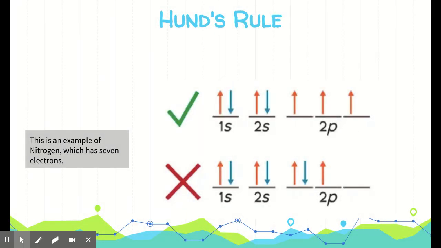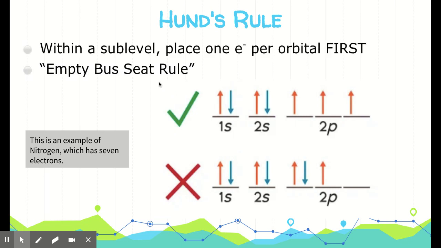Bouncing off of that, we have Hund's rule. Hund's rule is the empty bus seat rule, and it's similar to Aufbau's principle. Within each sublevel, only 1 electron per orbital, and then you go back in and fill it in. I'll explain the nickname in a second.